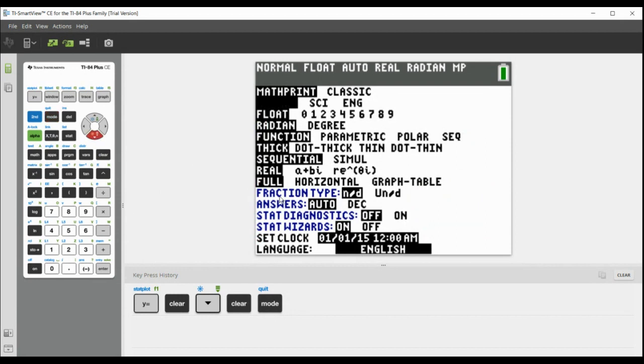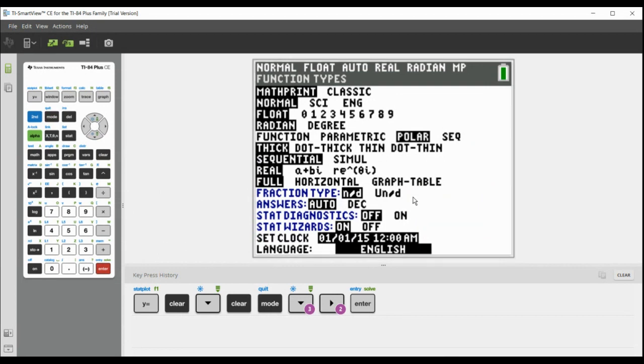The fifth line has function on it, but I want you to arrow over in mode and select polar. I don't know why it's blinking, but polar is what I want.